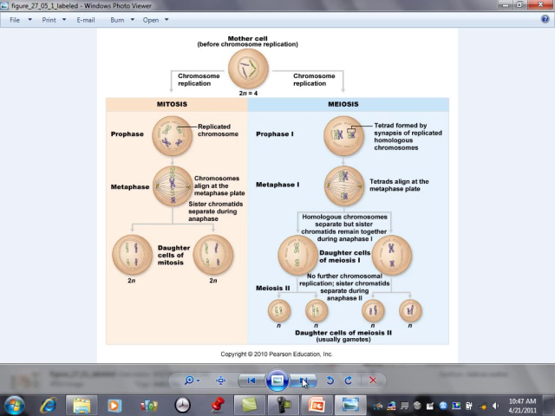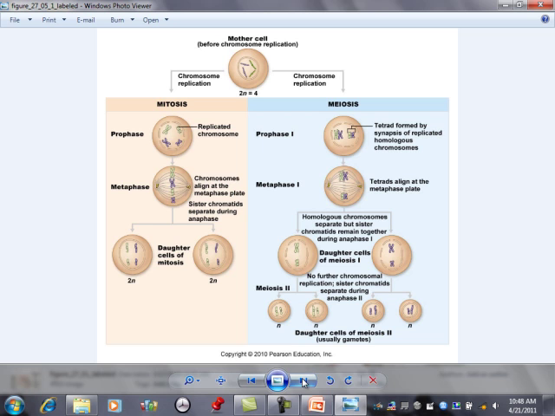And then, if I want my daughters to just look like me, what else do I have to give them? Not just chromosomes, organelles. So I have to start my process at the end of anaphase and during the last phase of mitosis called telophase, I have to undergo cytokinesis.